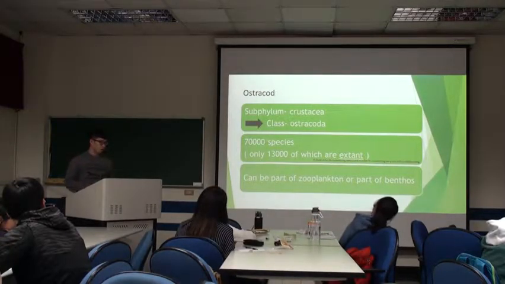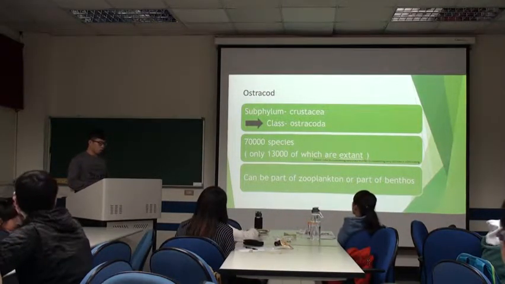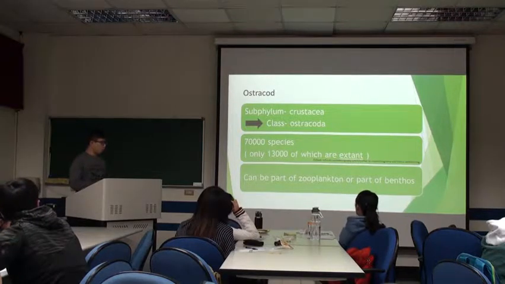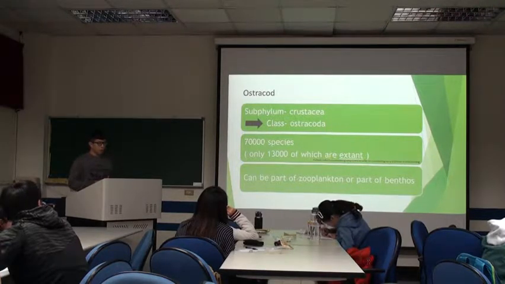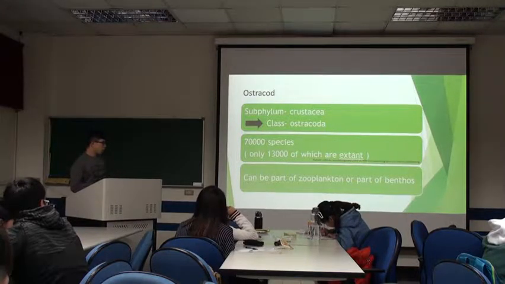Firstly, we need to know what an ostracod is. Ostracods are in a subphylum of Crustacea, so they are crustaceans. There are 70,000 species of ostracods, but only 13,000 of which are extant.